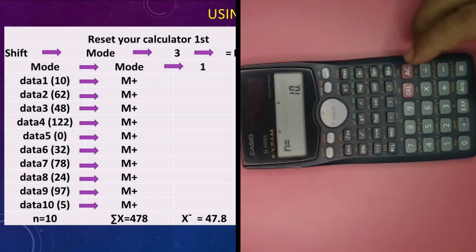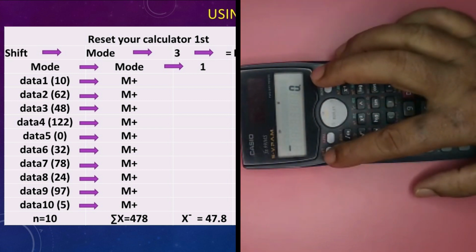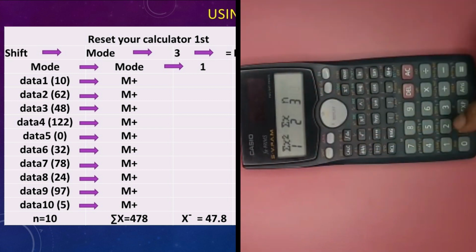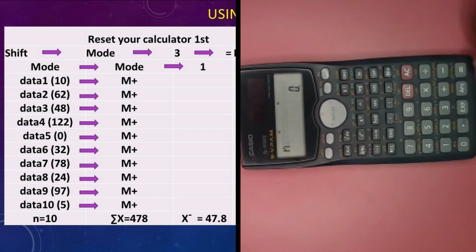Now click on AC, then click on shift 1. How many data we have inputted, then click 3. Click on 3, n is equal to 10. We have inputted 10 data.